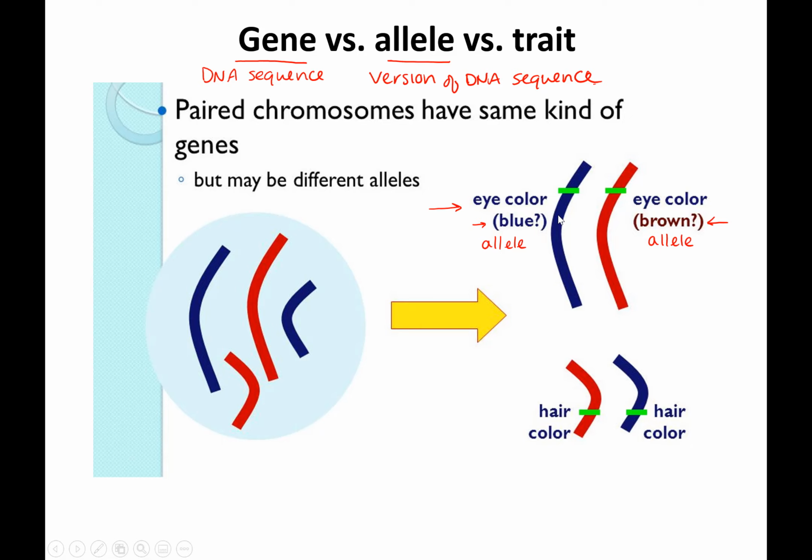This information gives you your genotype. Your genotype is your genetic information. A trait, on the other hand, we describe that as what you see, the physical characteristics.